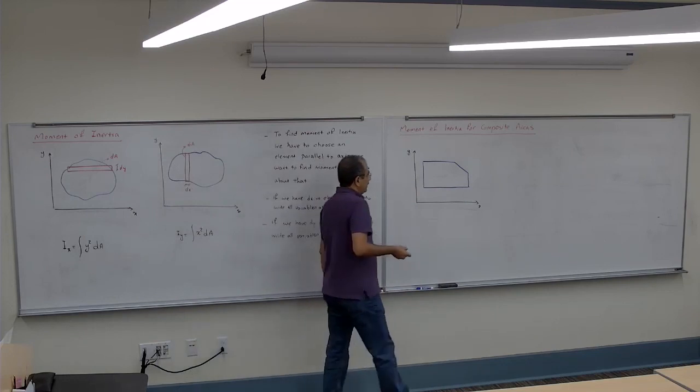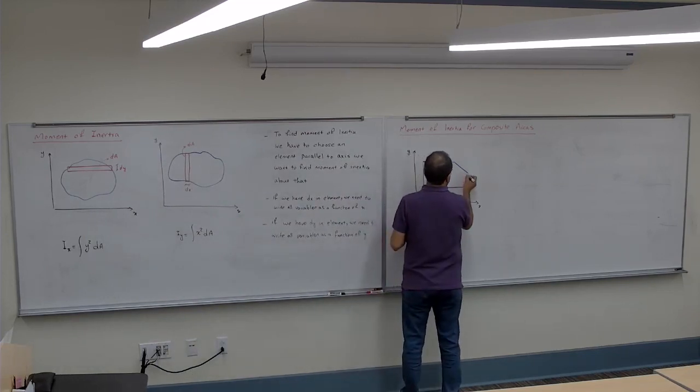I can go ahead again and break it into known shapes. So that's just the 1, this is 2, this is 3.